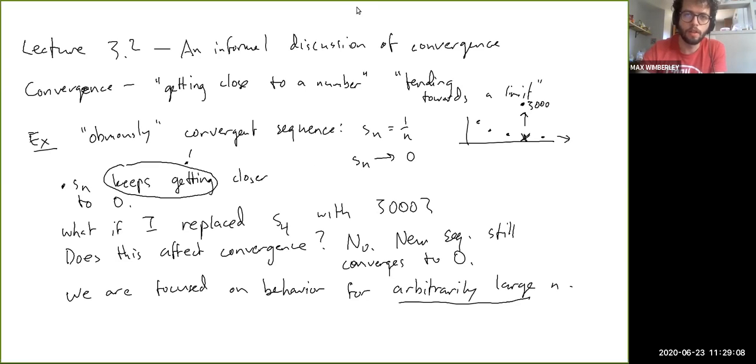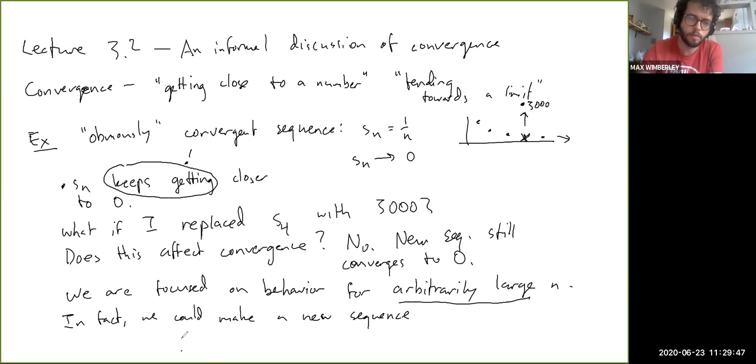Okay? The last thing I'll say is that we can actually even adjust the values of the sequence infinitely many times, for infinitely many values going arbitrarily far out, and still preserve the convergence. So in fact, we could make a new sequence.